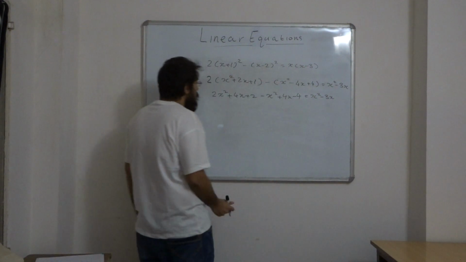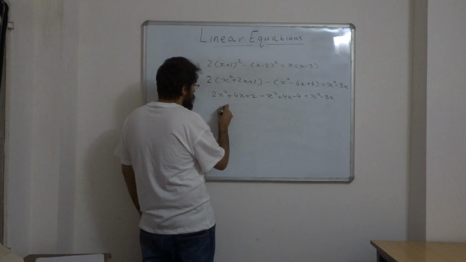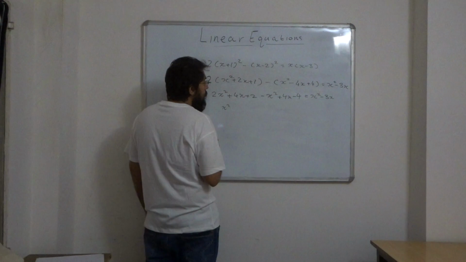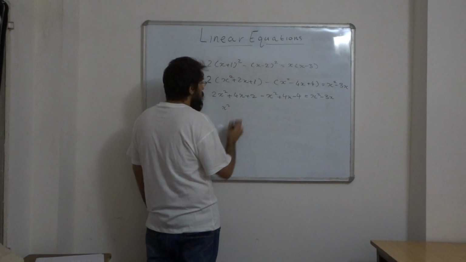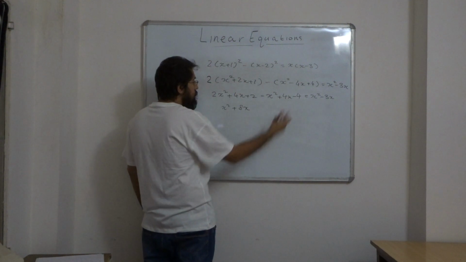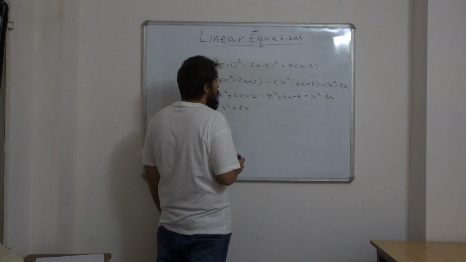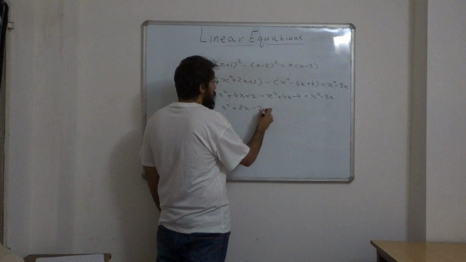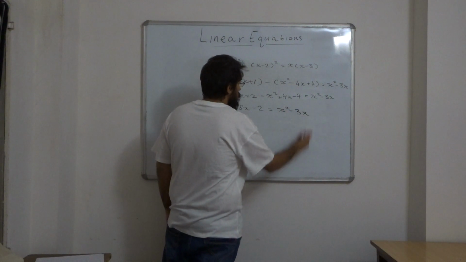Now 2x squared minus x squared becomes x squared. Then you get plus 8x plus 4x, and then plus 2, negative 4 becomes negative 2. So x squared minus 3x.